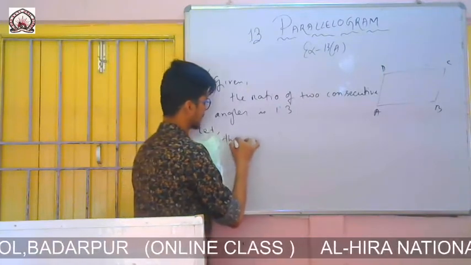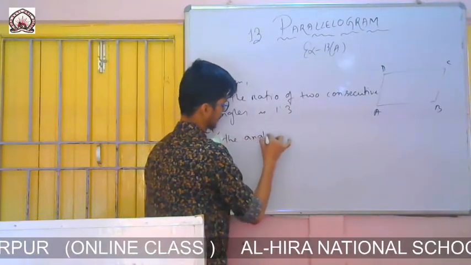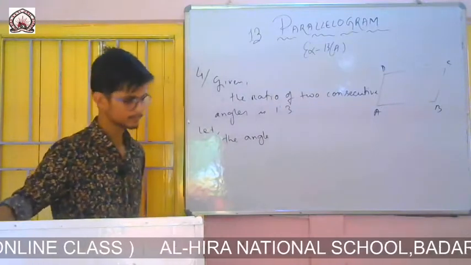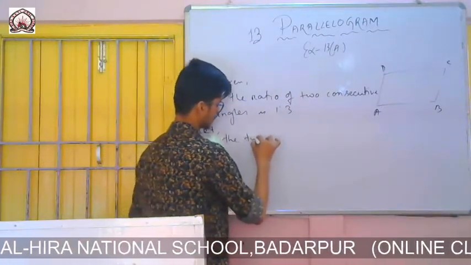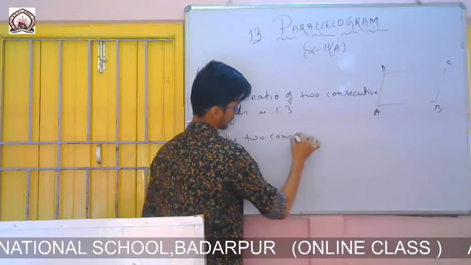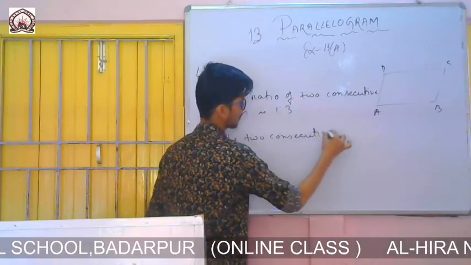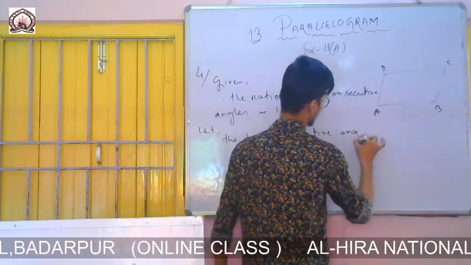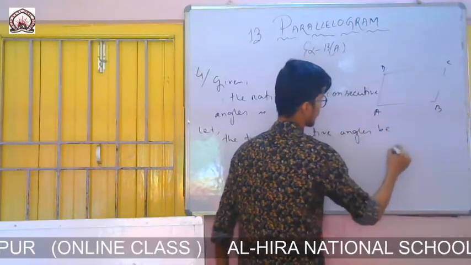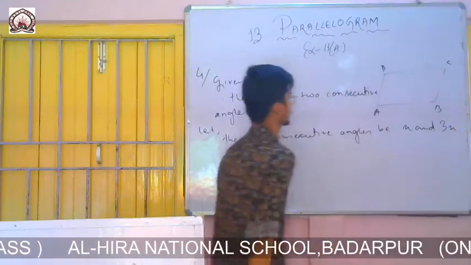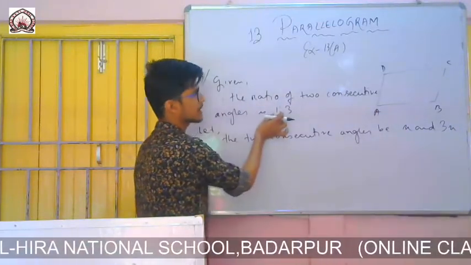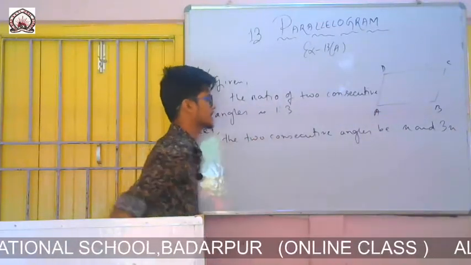So let the two consecutive angles be x and 3x. 1 into x is x, and 3 into x is 3x.